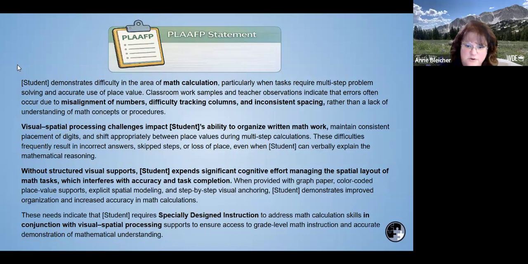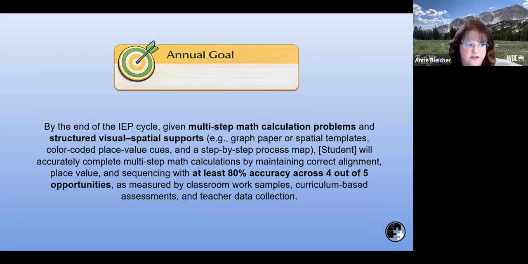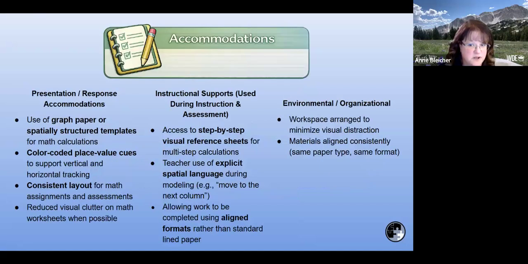Then, similar to what we did with working memory, that leads you into what an annual goal would look like. What I want you to notice here is that you're addressing math calculation and the visual spatial processing deficit, but you're not watering down the rigor of what is expected of the student. And then that leads you into accommodations.